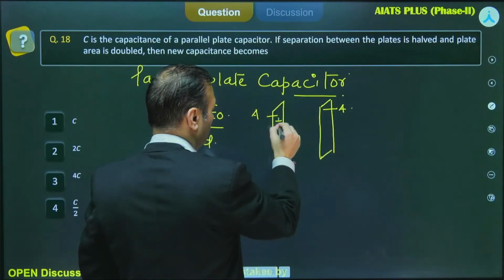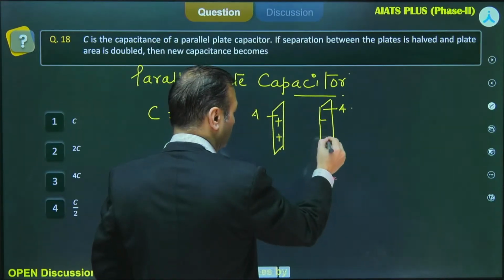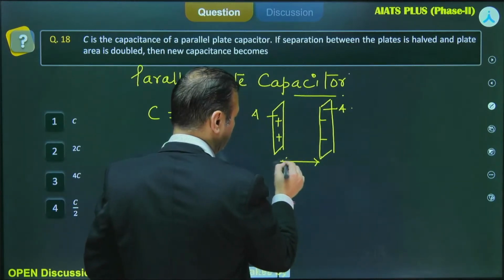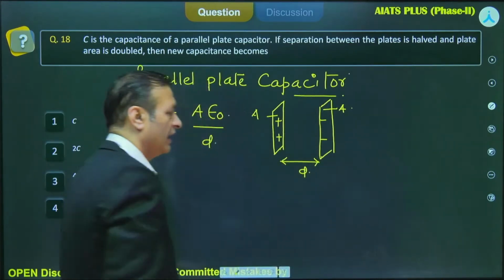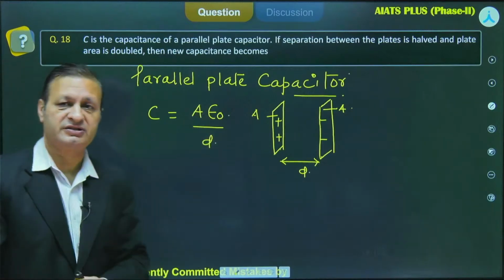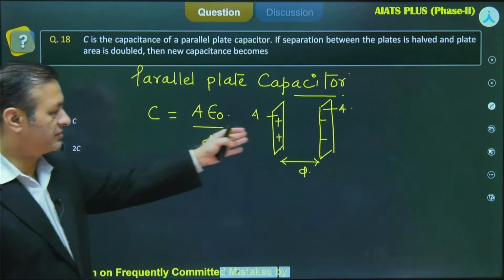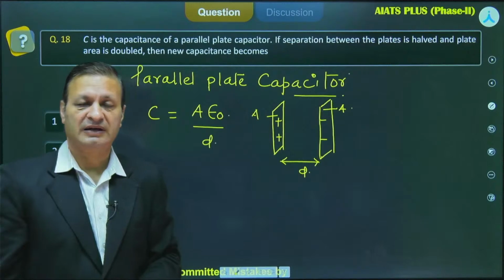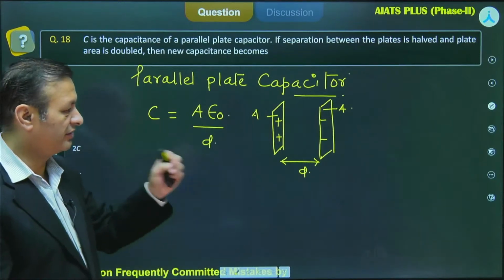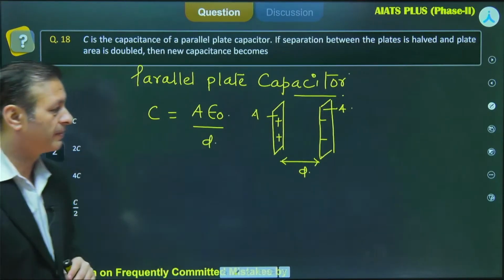This is the positive plate and this is your negative plate. They are separated by this distance D, and epsilon naught suggests this capacitor has free space or a vacuum. So this is the formula.